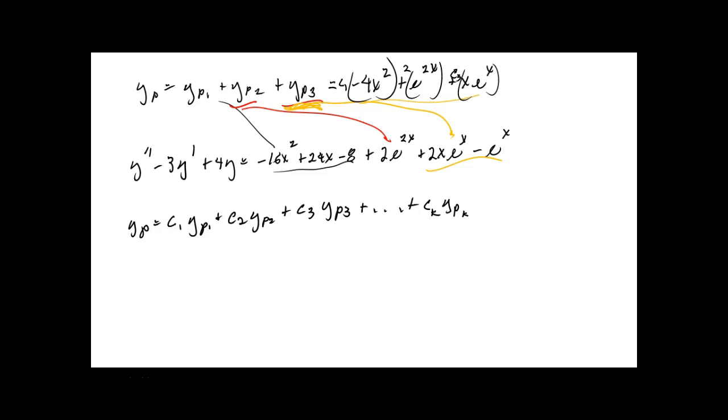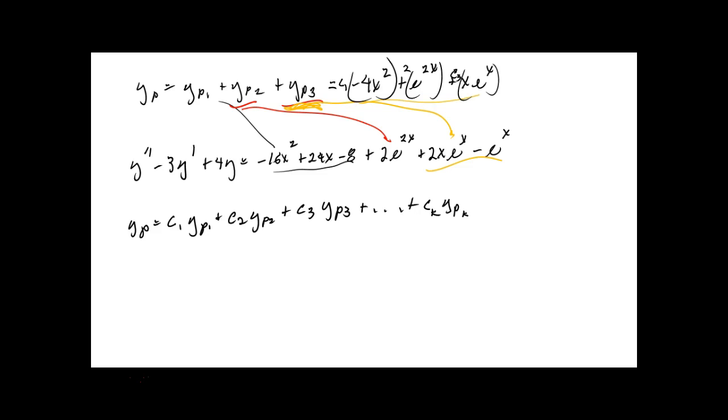That was the P1, 4 minus 4x squared is a particular solution, and that is your right-hand side. When 2x e to the 2x is, that satisfies when your right-hand side is e to the 2x. No, I'm sorry. E to the 2x is the particular solution that satisfies that.